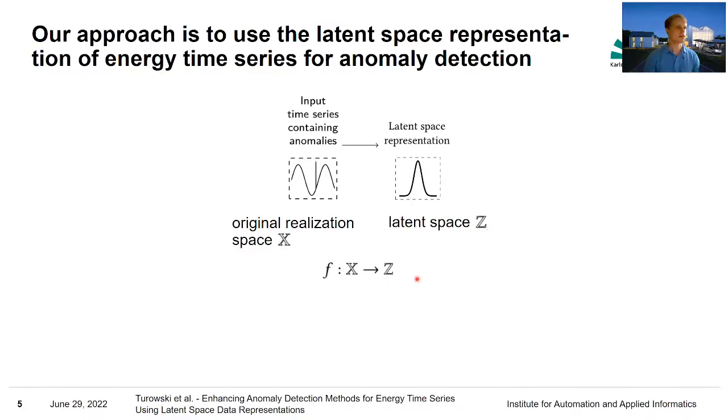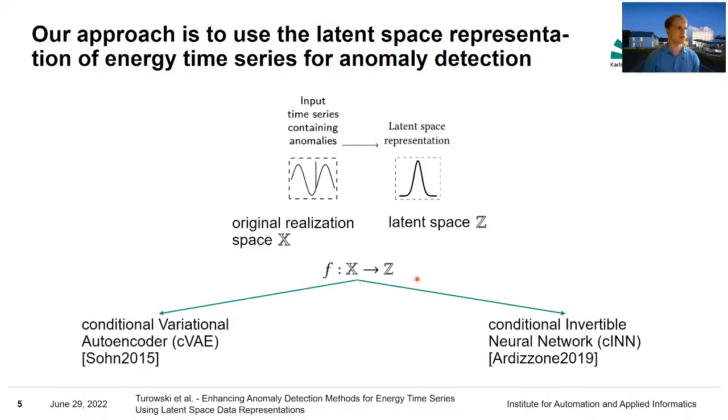In the latent space, it should be realized with either a variational autoencoder or an invertible neural network. Since we want to consider typical features of energy time series that are daily, weekly, and yearly patterns, we consider conditional versions of these neural network architectures.